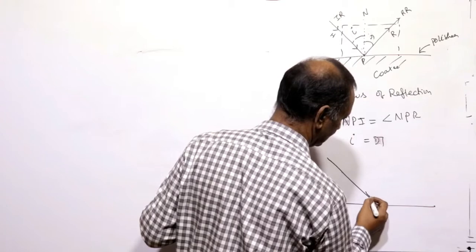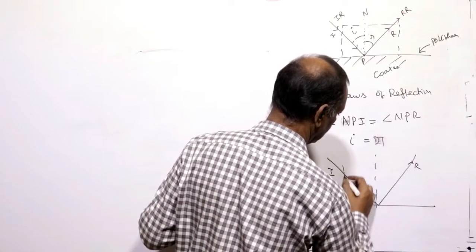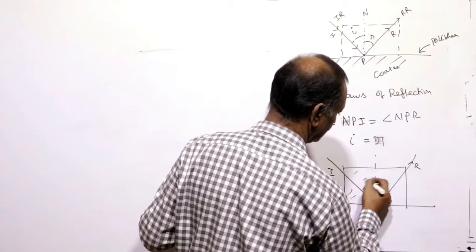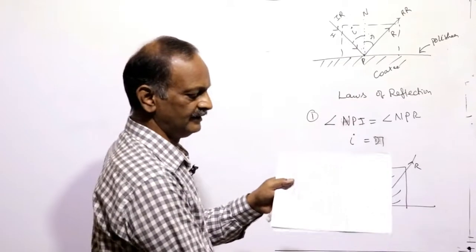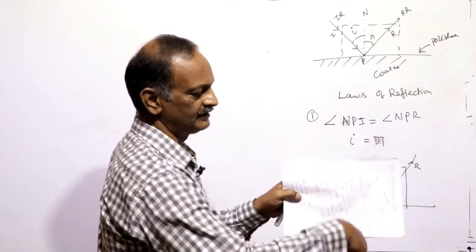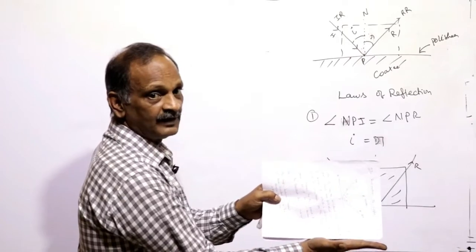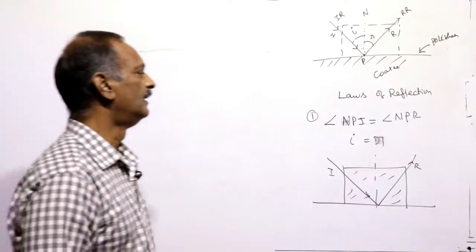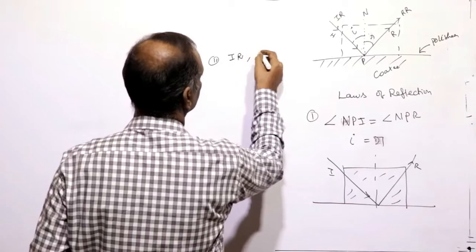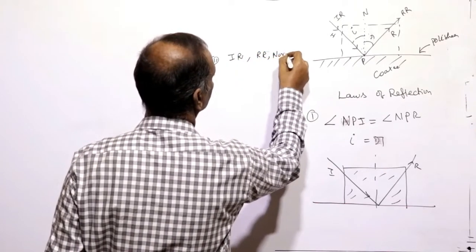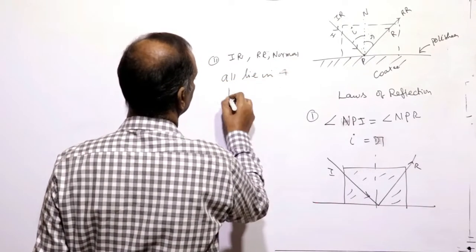The incident ray, reflected ray and normal all lie in the same plane. So we have another plane, which is perpendicular to the reflecting mirror. All of them lie in this plane. So the second law says the incident ray, reflected ray and normal all lie in the same plane.